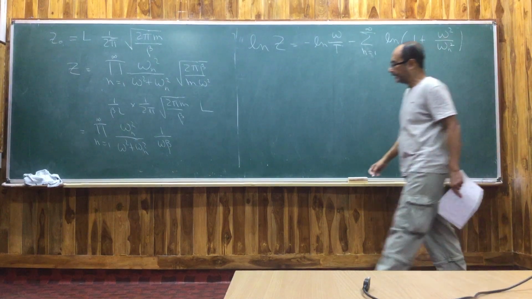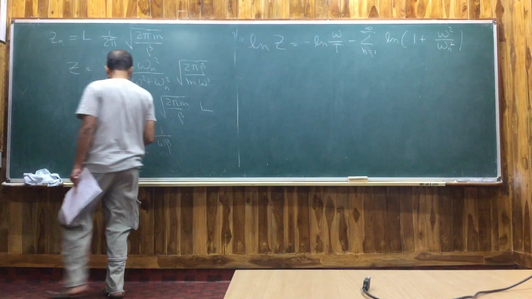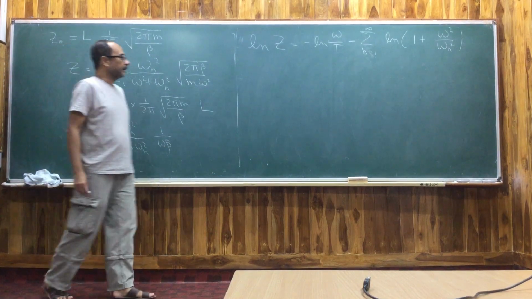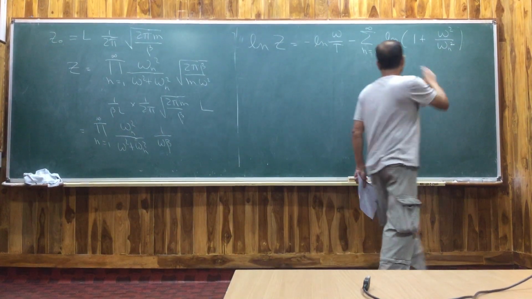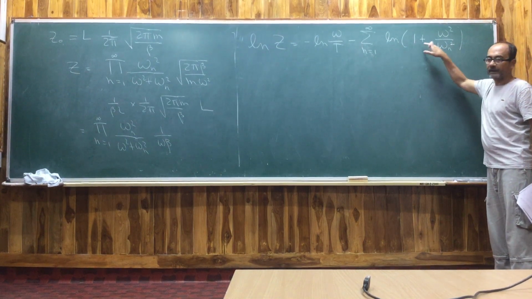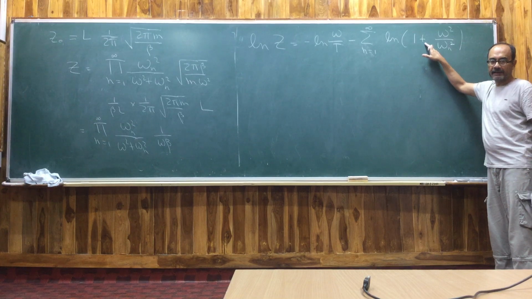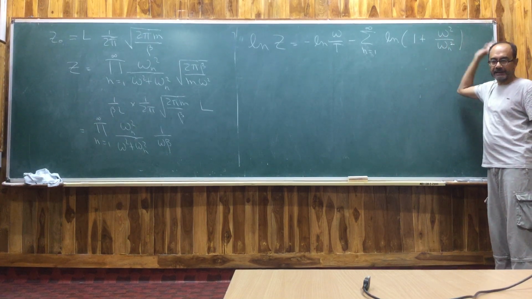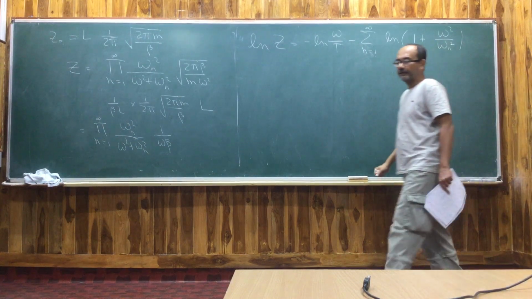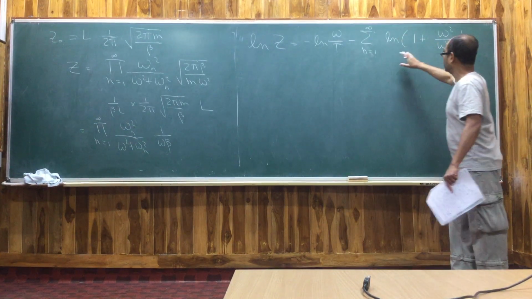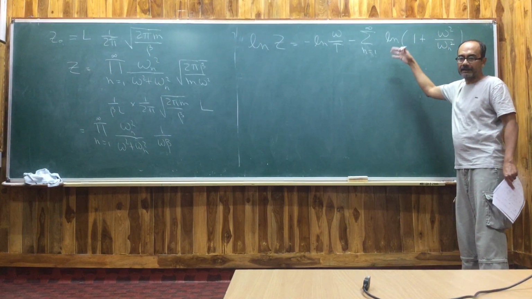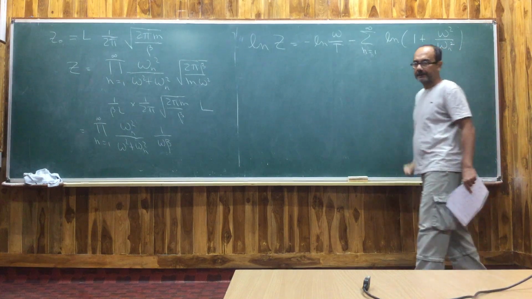I just took the log of this and rewrote it as 1 plus omega square over omega n square. In this form, as n goes to infinity, this ratio goes to 0, so it becomes log of 1, which is 0. That gives us hope that this is a convergent sum. You can check that it is convergent as n goes to infinity, just by expanding the log: it falls off as 1 over n square, and the sum over n of 1 over n square is convergent.